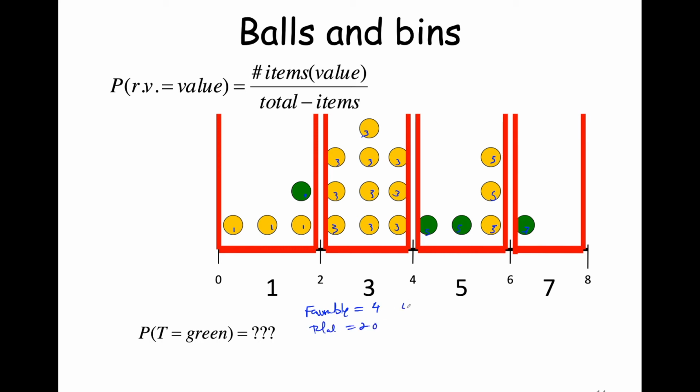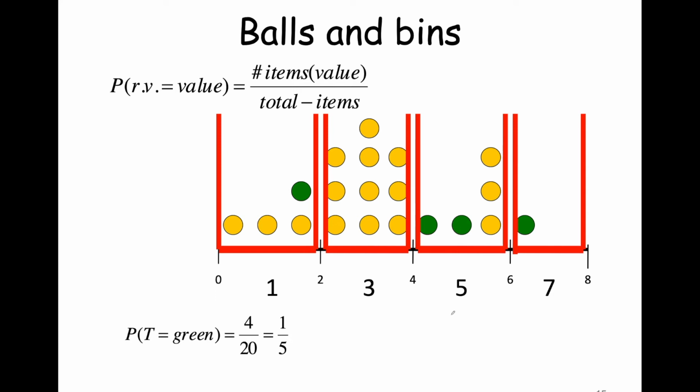That's 4 over 20 is my probability, which is the same as 1/5, which is equal to 0.2, or 20%.